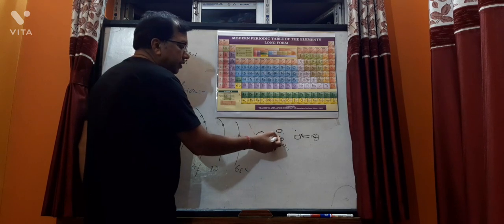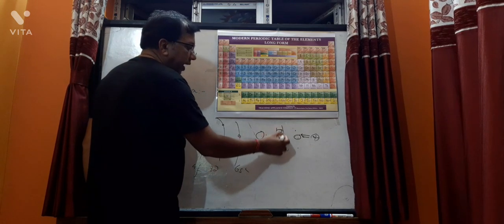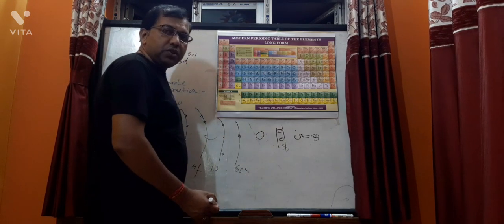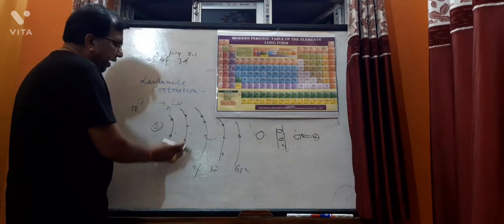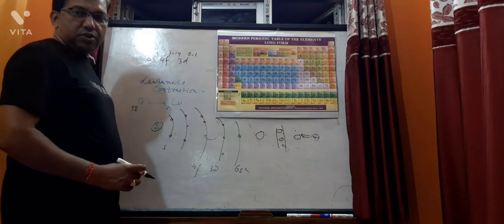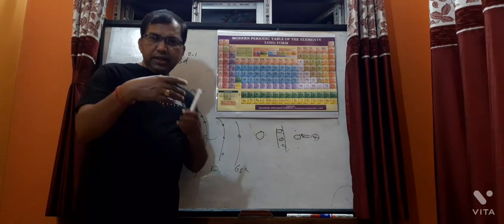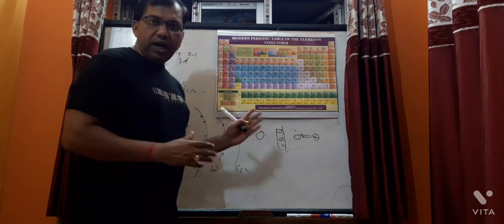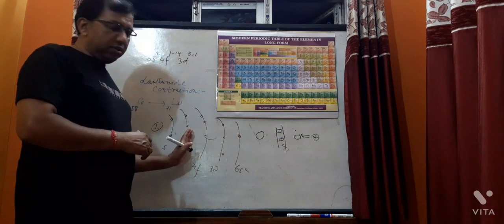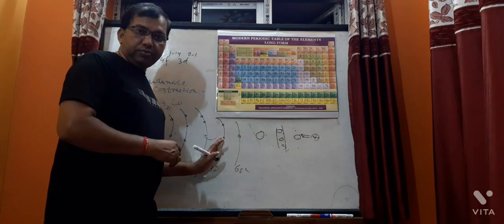This is acting as the screening or shielding effect. So these electrons act as a shielding effect, which resists the outer electron. The inner subshell resists the outer electron.